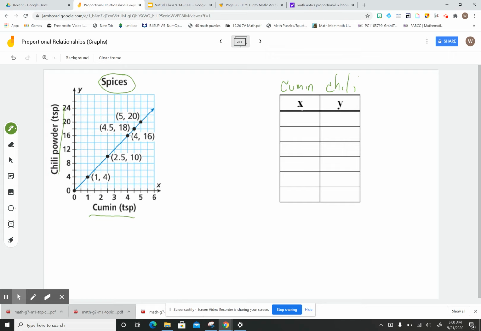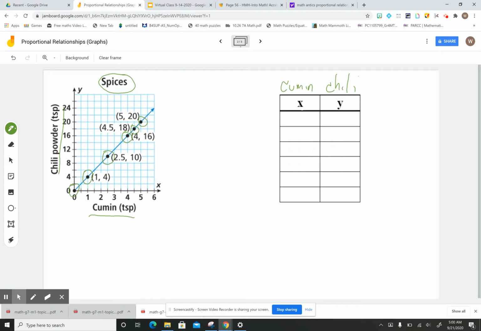So that's how you would label X and Y. Now what we're going to do is plot the ordered pairs, and we have actually 4 ordered pairs here. Actually 5. 1, 2, 3, 4, 5. Sorry, 6. We have 6 ordered pairs.